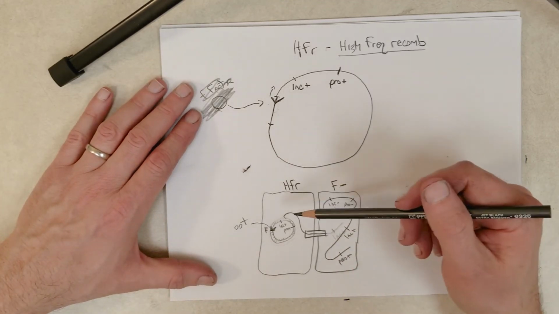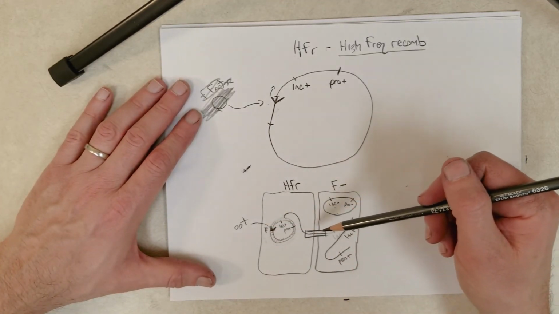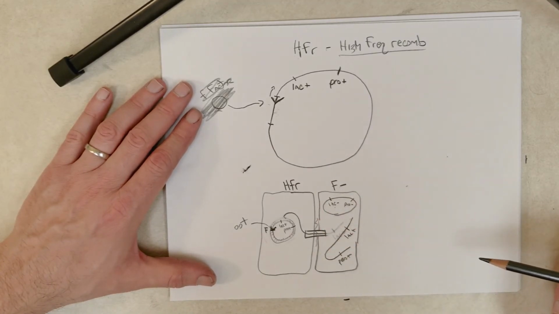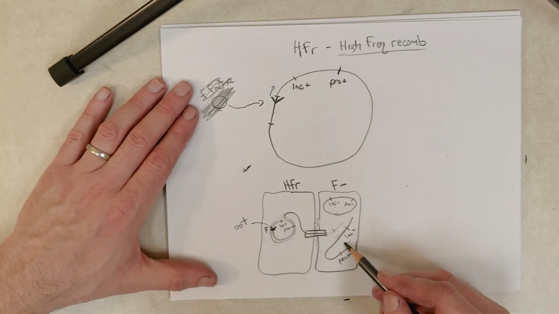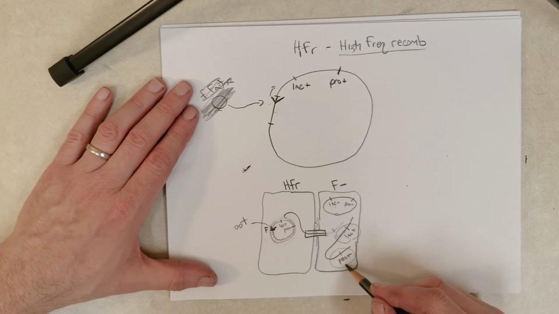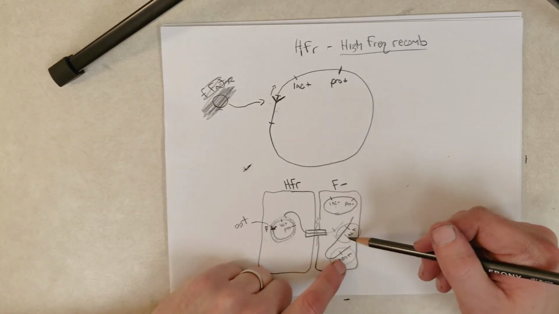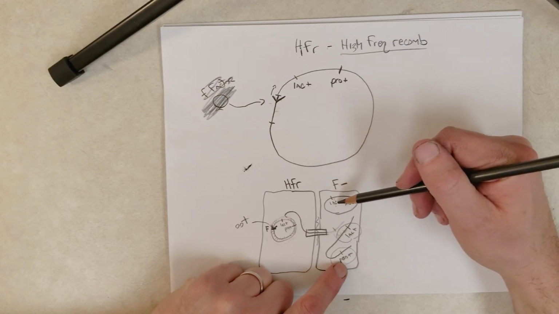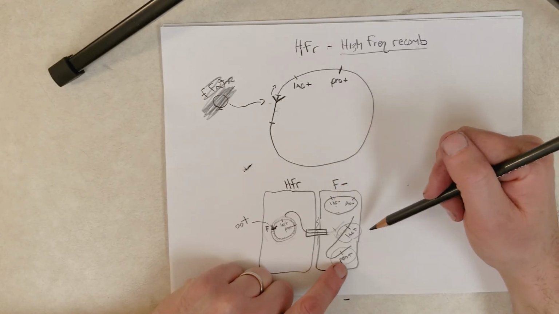Okay, and maybe the whole chromosome goes in there, or maybe this conjugation tube is broken before the whole chromosome can transfer. But as long as a piece of lac plus goes in and a piece of DNA containing pro plus goes in, these pieces of DNA can recombine, exchange places with the lac minus and the pro minus alleles.